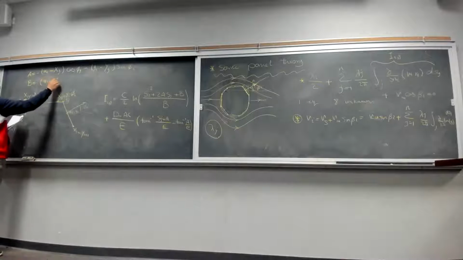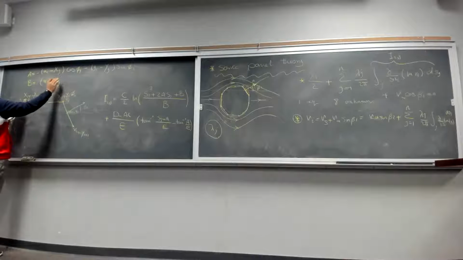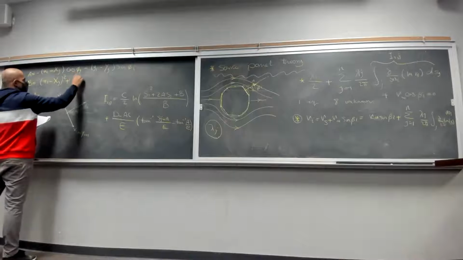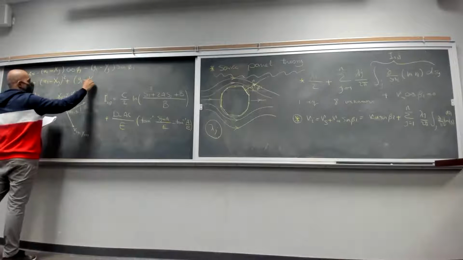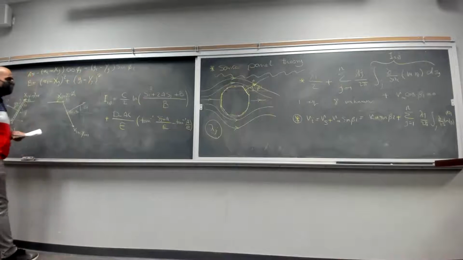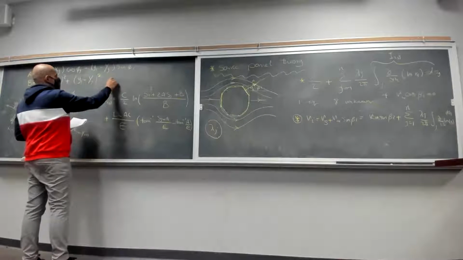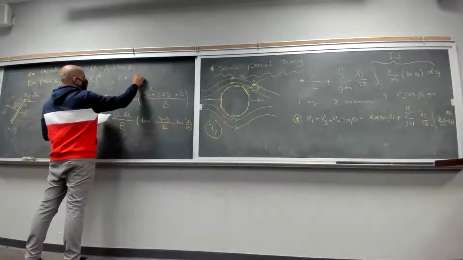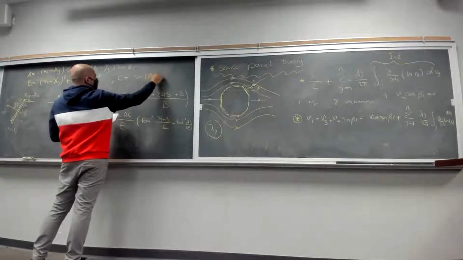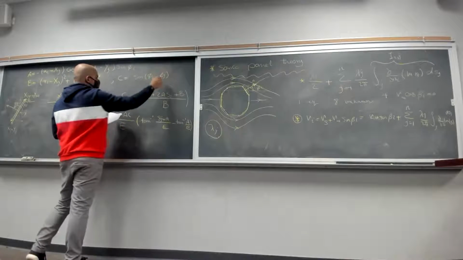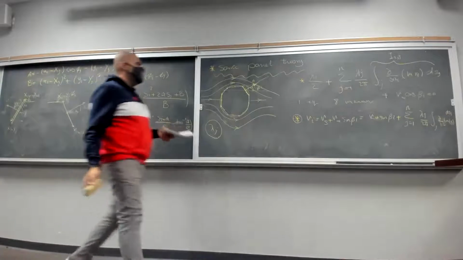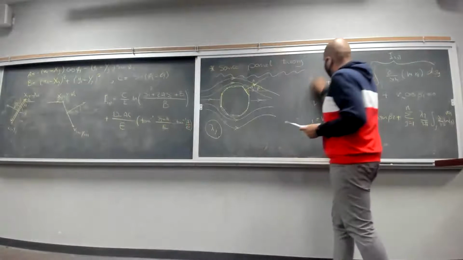Xi minus xj squared plus yi minus yj squared. This is for B. And then for C, you're going to get sine of phi i minus phi j. We give you D and the rest of them here.